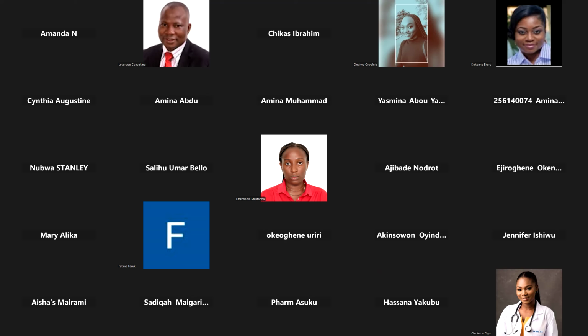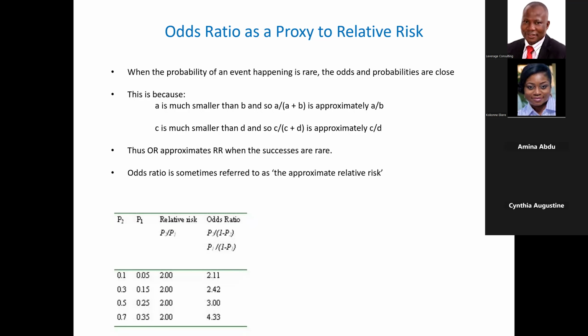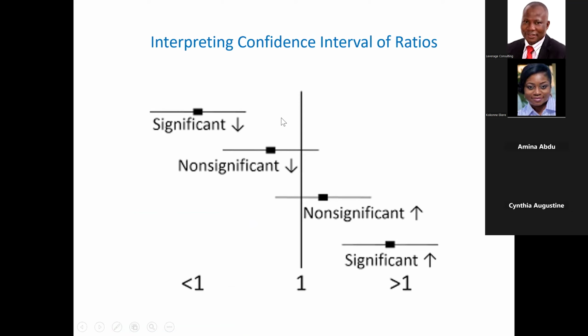Explaining the significant and non-significant going down if the value is less than 1. What did you say? Repeat again. Why are the significant and non-significant going down if the value is less than 1? If the value is less than 1, it's going down.